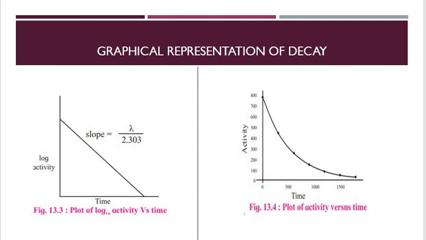If you see in this graph, this is time 0 and the disintegration is also 0. When time is increasing, the rate of decay is also decreasing. So it totally depends upon the number of atoms present at that instant.